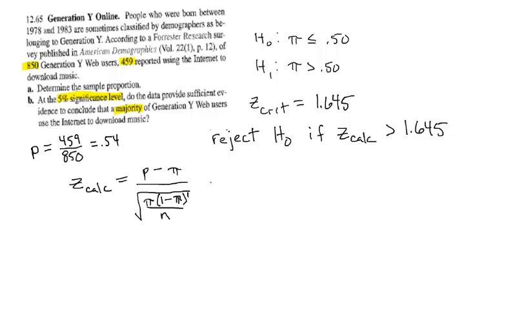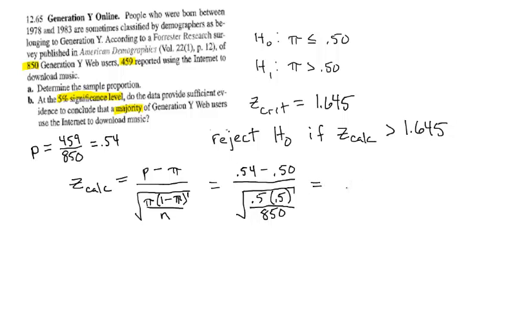So here for our zcalc, we have 0.54 minus 0.50, divided by the square root of 0.5 times 1 minus 0.5, or 0.5, divided by n, which is 850.